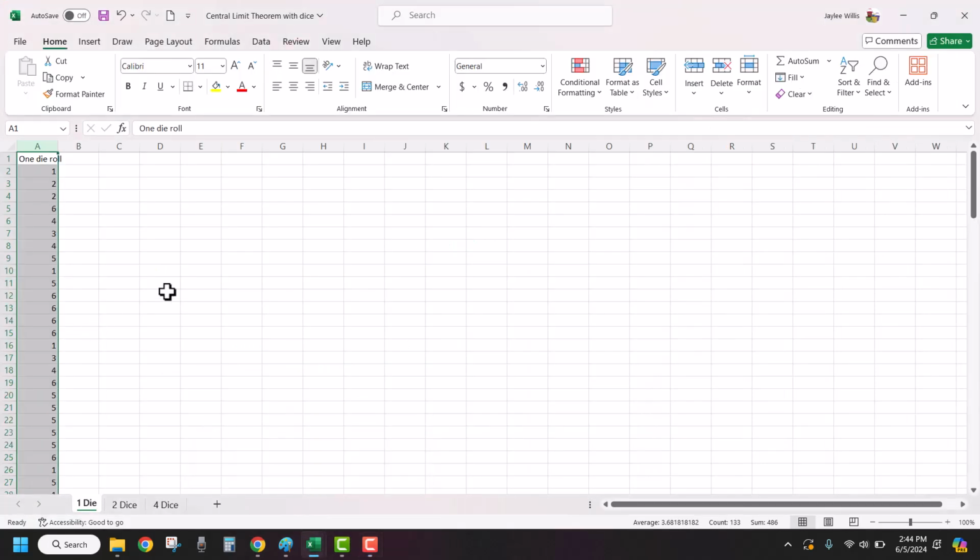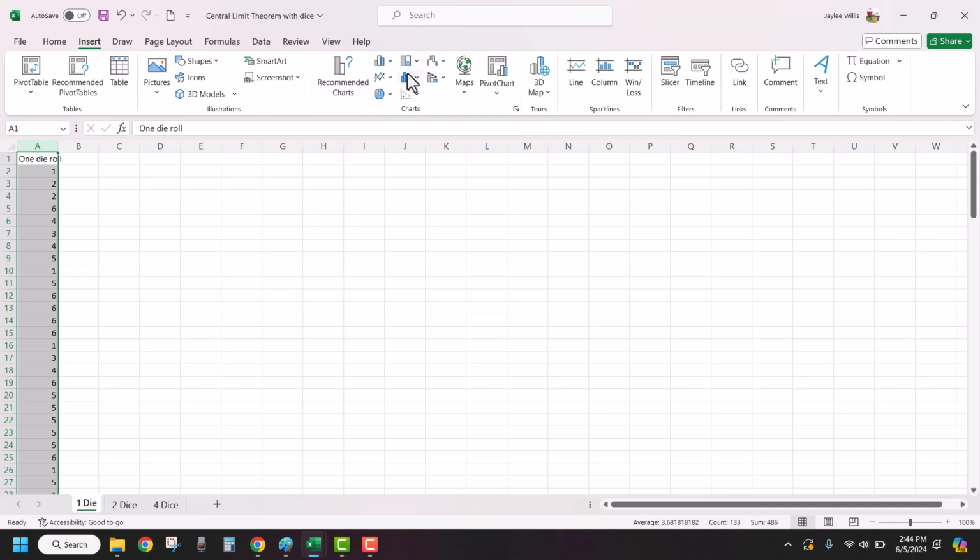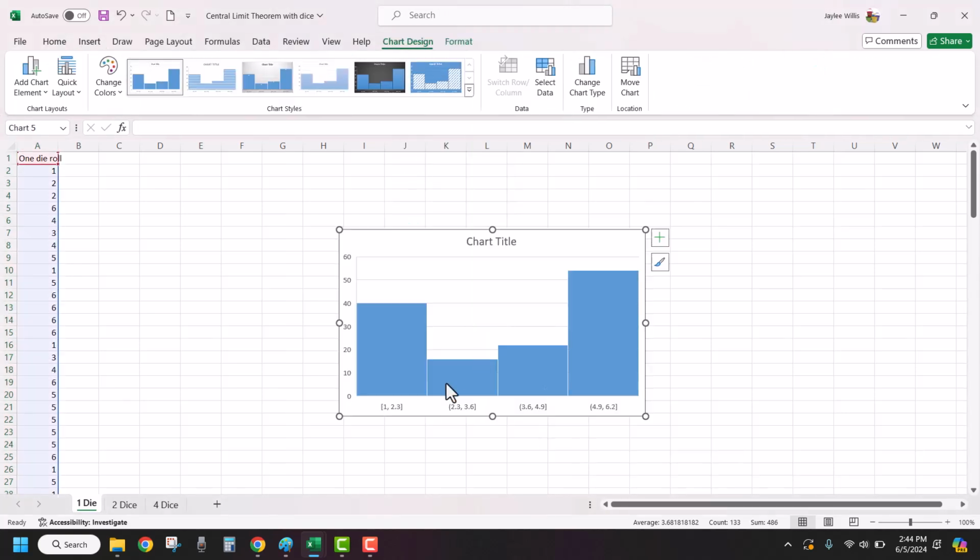My colleague who used to teach this class in person did an experiment with his classes where every person in the class rolled a dice once, and then he also had them roll a dice twice and 4 times. So let's look at the histogram for one die roll. If I select all of my data and go to Insert, Histogram, it gives me a histogram that looks like this.